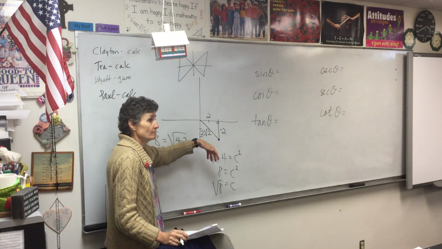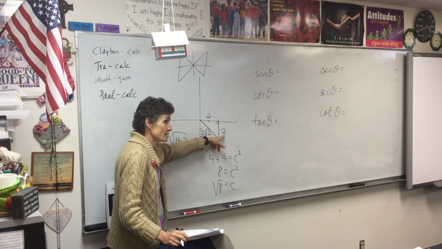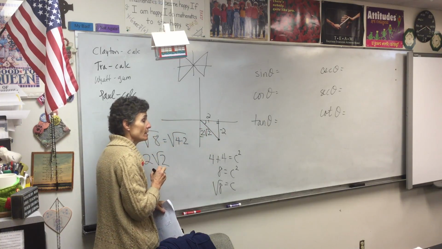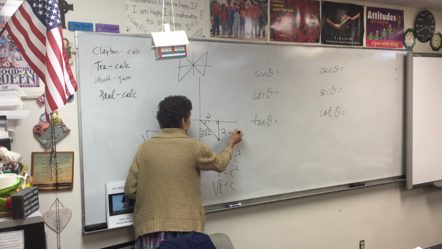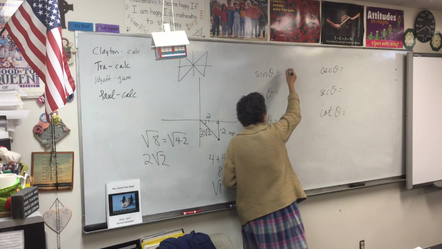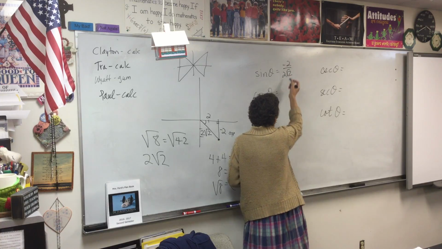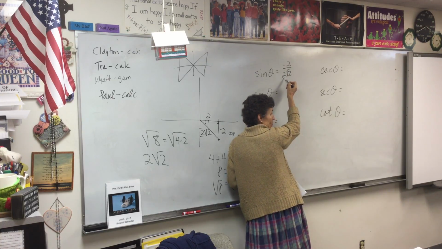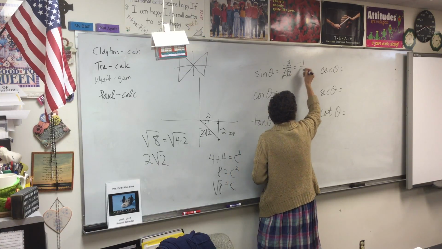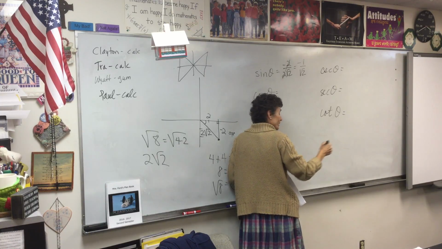What sine? Opposite. Remember, the angle you look at is the one at the origin always. So this is the opposite side. So -2 over 2 root 2. Now wait a second. See that 2 and this 2? They cancel. -1 over root 2. And I've got to rationalize, so the radical can't go on the bottom.